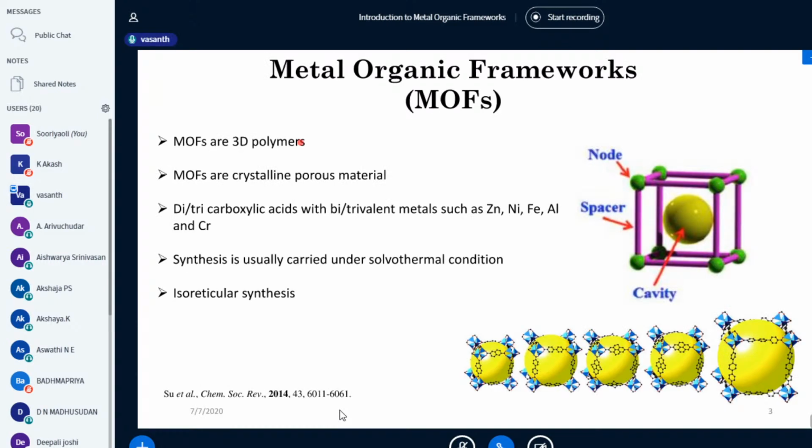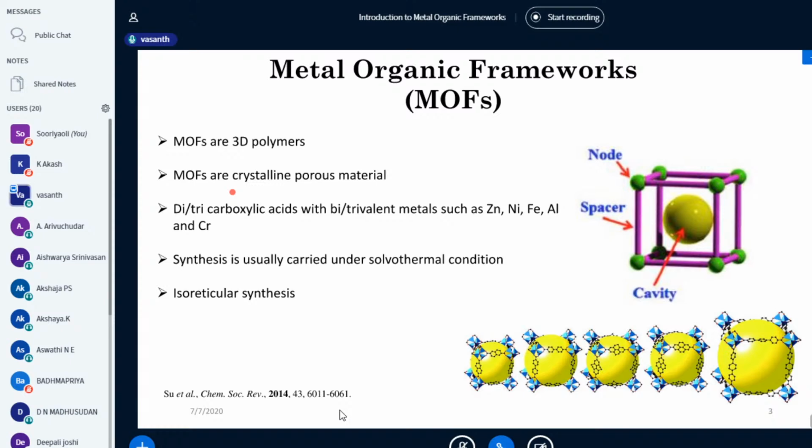Metal organic frameworks are 3D polymers. These are called 3D coordination polymers. It is not one-dimensional or two-dimensional. These are crystalline porous materials, whereas other materials like polymers, which are 3D, are mostly not crystalline. If they are crystalline, they are not porous.